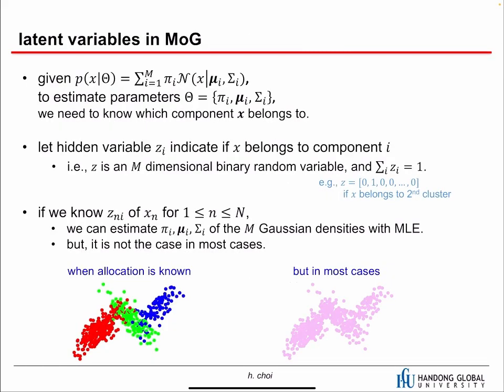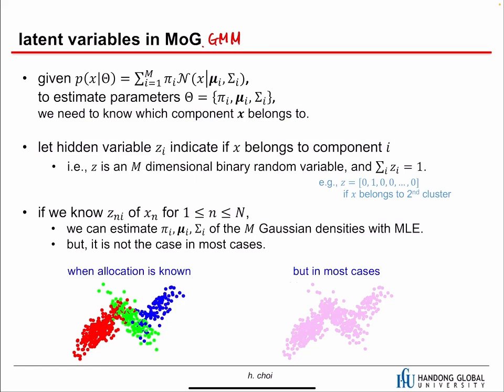Okay, now let's think about this mix of Gaussians in detail. GMM and mix of Gaussians mean the same thing. Sometimes we use MOG, sometimes we call it GMM, exactly the same thing.